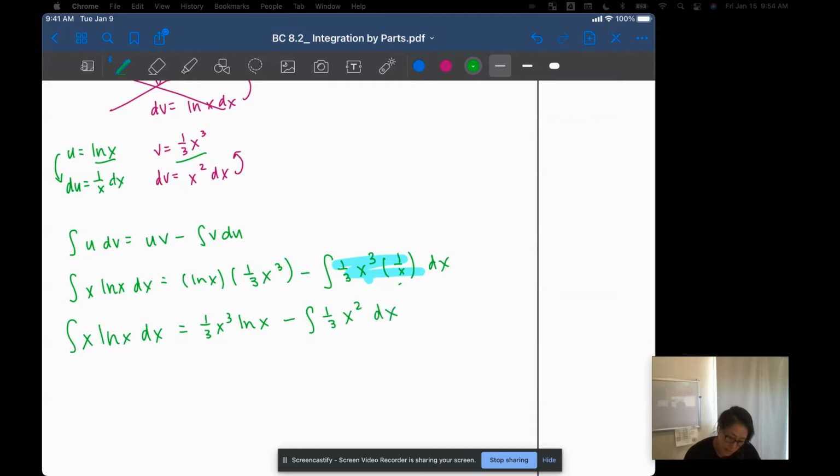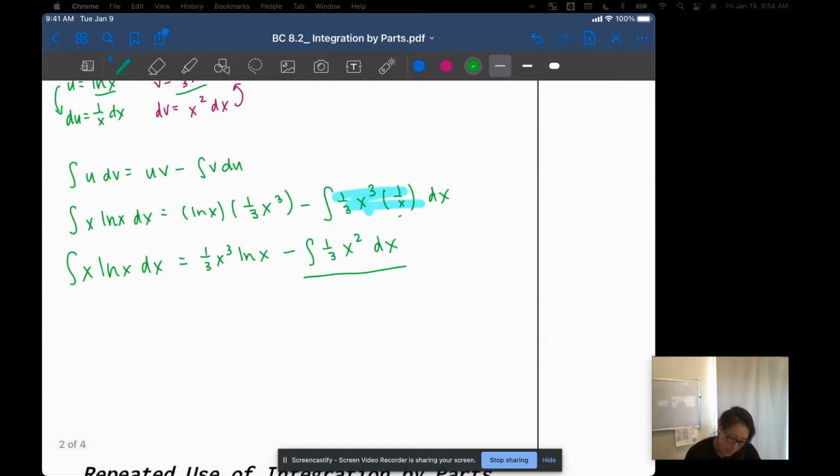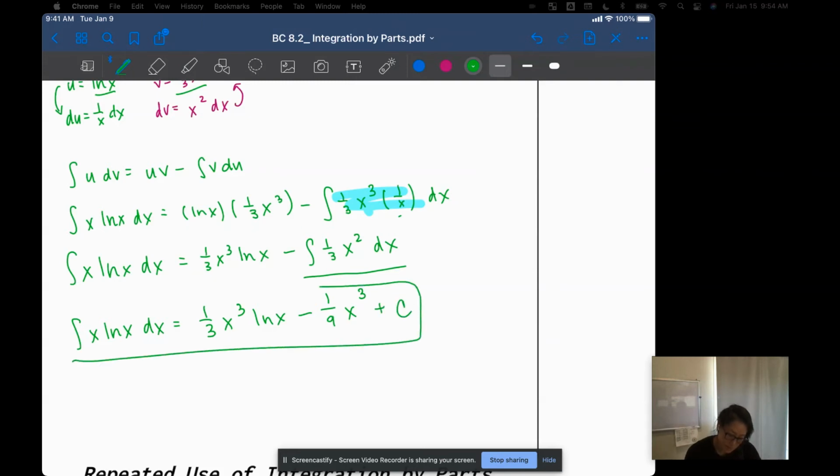And then I can go ahead and integrate the integral inside. So I get 1/3 x cubed ln of x minus, raise the power, and then you need to divide by that power. So 1/3 times 1/3 is 1/9, plus c. Done.